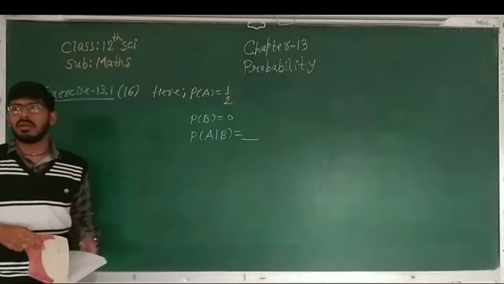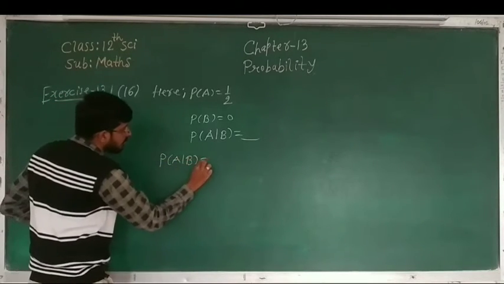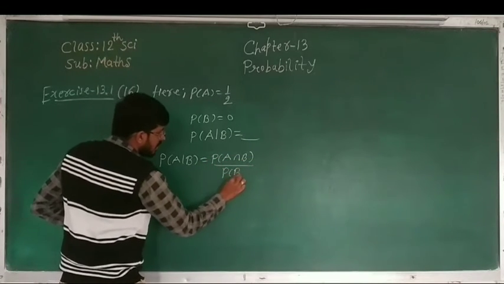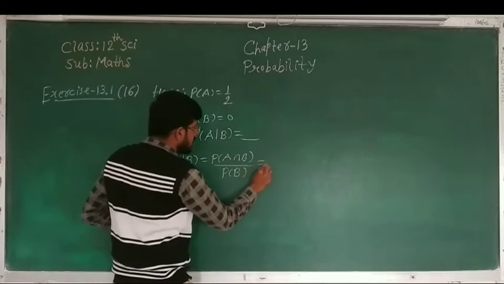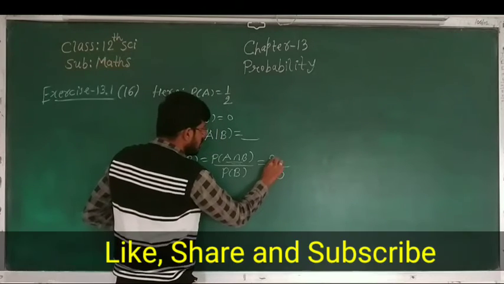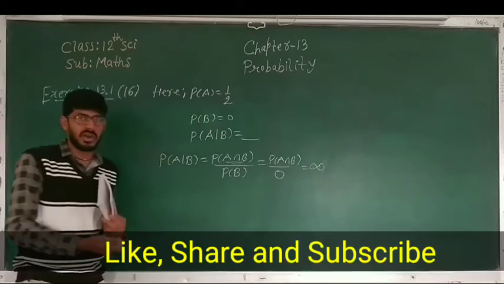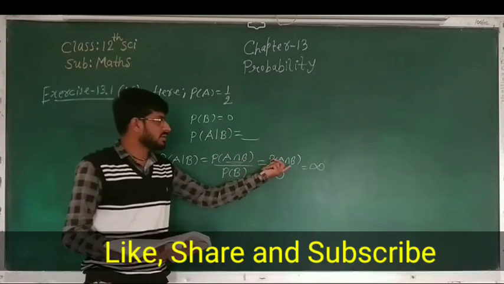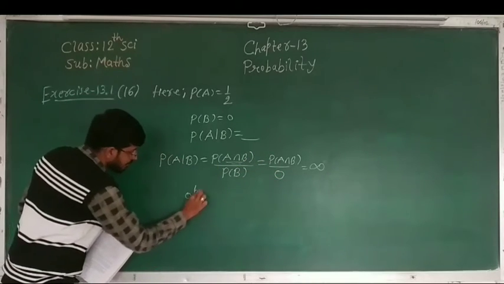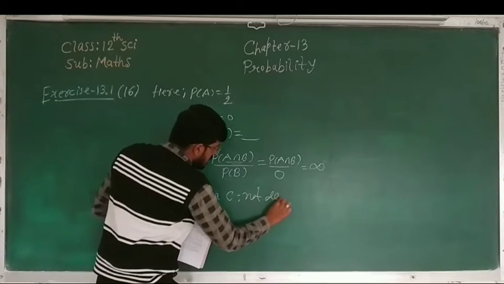So we have to apply conditional probability: P of A given B is equal to P of A intersection B upon P of B. Here the value of P of A intersection B is not given, but in the denominator we get 0. So it gives infinite, not defined. Is it clear? Because P of A intersection B upon 0 will be infinite, which means not defined. So option C is the answer, not defined.